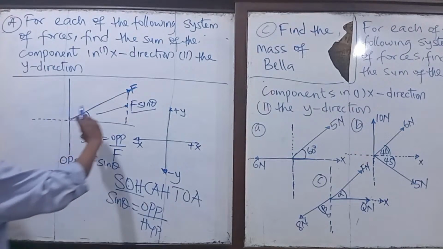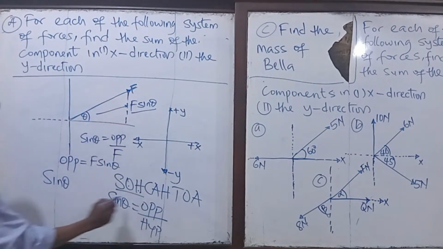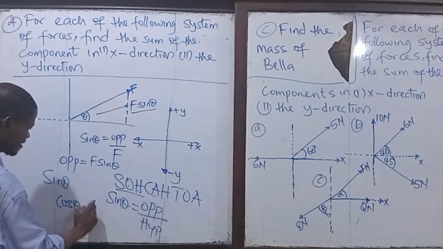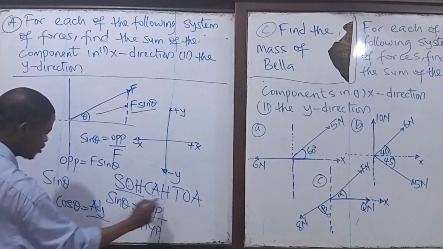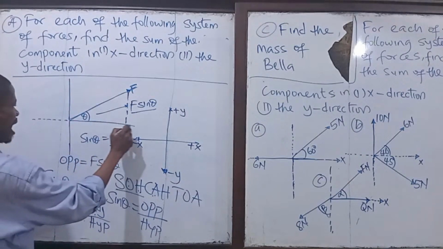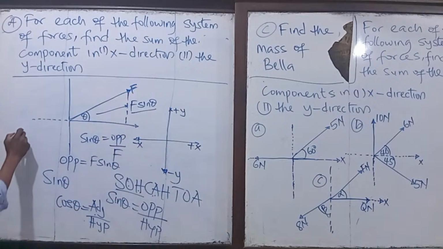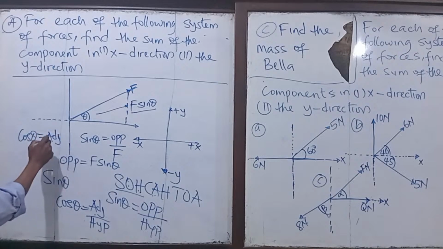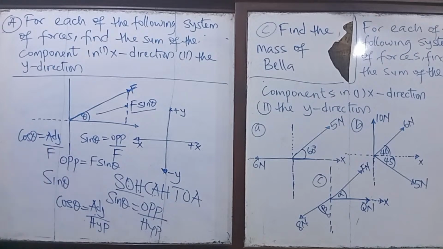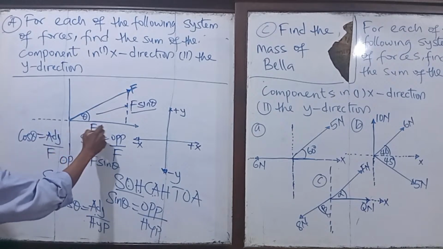When you resolve along the horizontal, we are going to use CAH. That's the cosine of the angle, A is the adjacent, H is the hypotenuse. Cos theta equals adjacent over hypotenuse. My hypotenuse is the vector F. Make adjacent the subject, and that will be F cos theta.